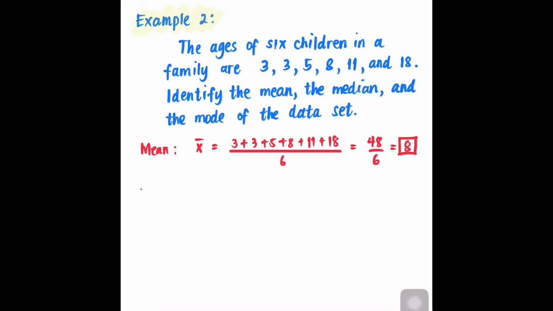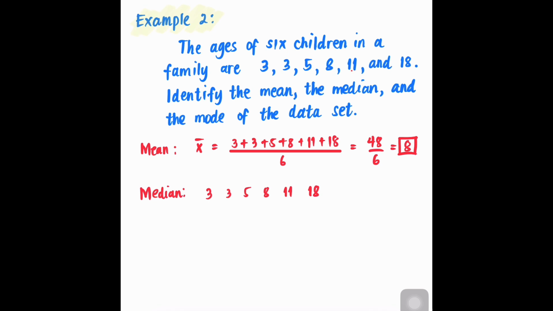And now for the median. If you notice, the given values are actually arranged in order already. So we have 3, 3, 5, 8, 11, and 18.